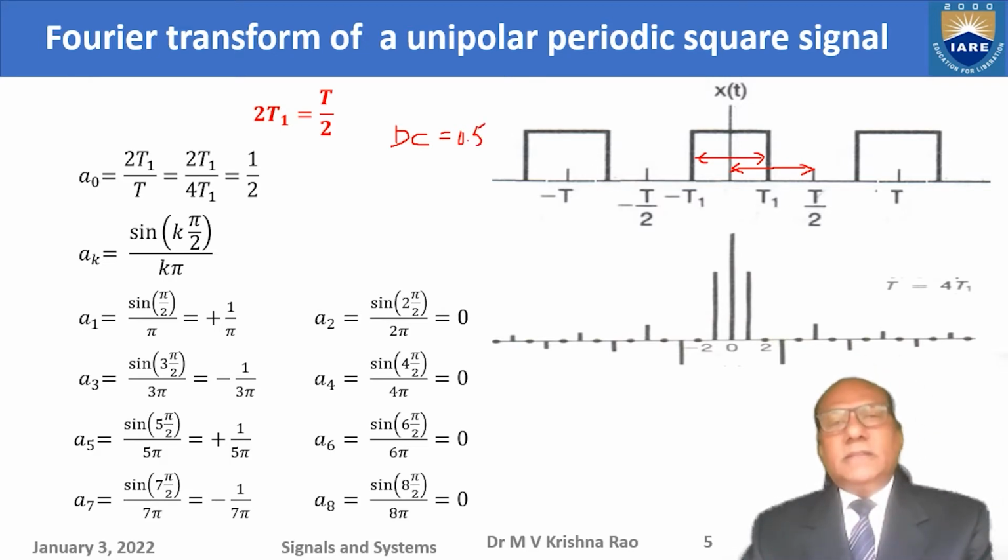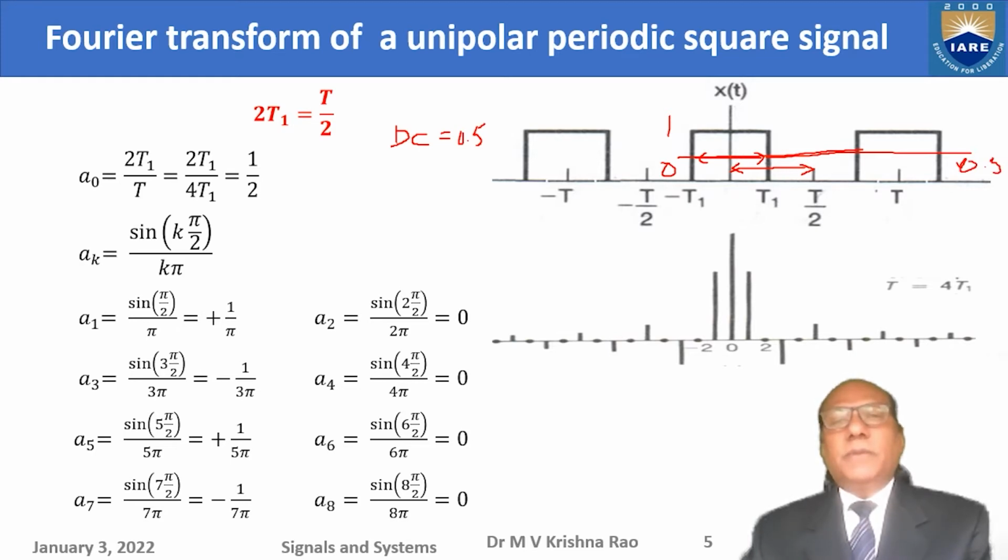Then if I take this, because it is unipolar, what is the average value of this one? This is unity, this is 0. The average value will be somewhere in the middle. That is nothing but 0.5. Average value is nothing but your DC value.